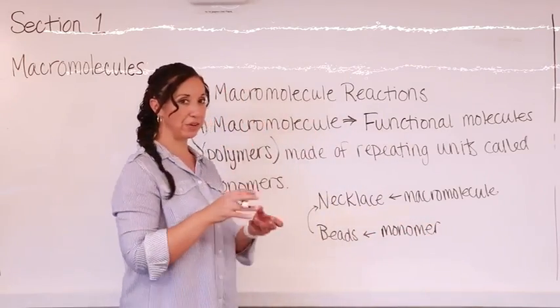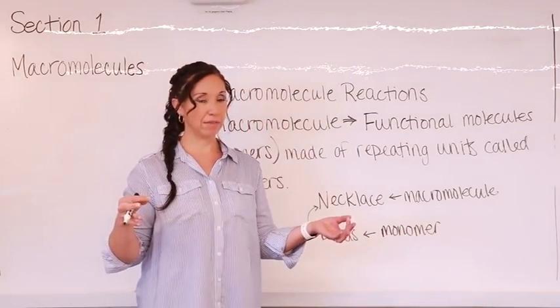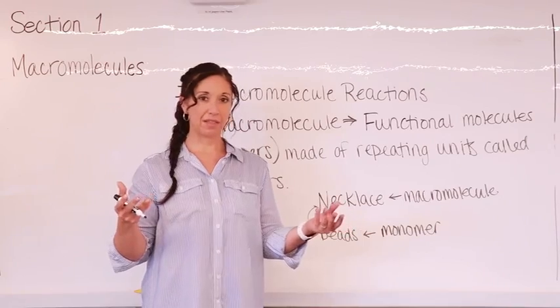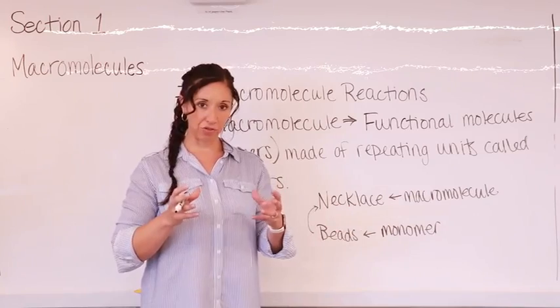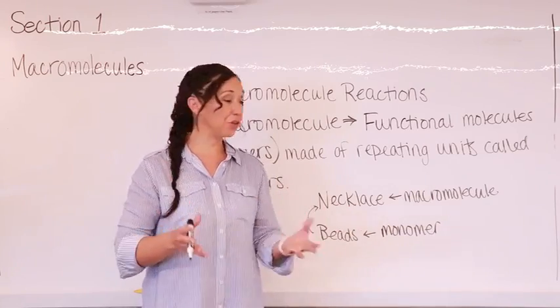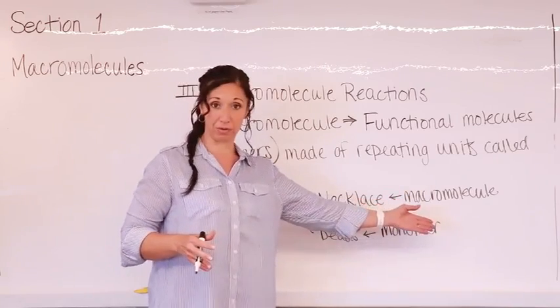Now, just putting a bunch of beads on a string and not giving it a function, that's just any typical polymer. But once you give it the right structure and function, now you have a macromolecule.